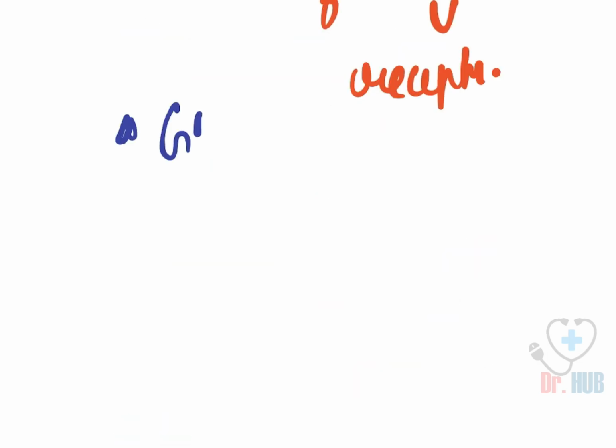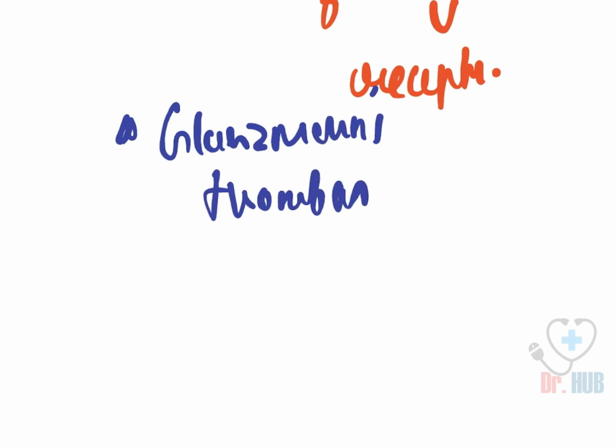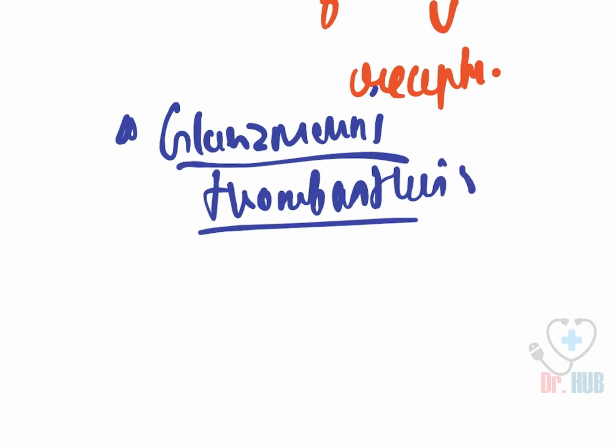Next, we look at the Glanzmann's thrombasthenia. In the Glanzmann's thrombasthenia, what is the mechanism?